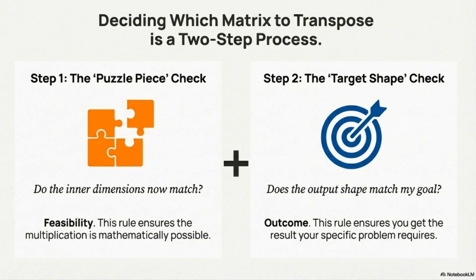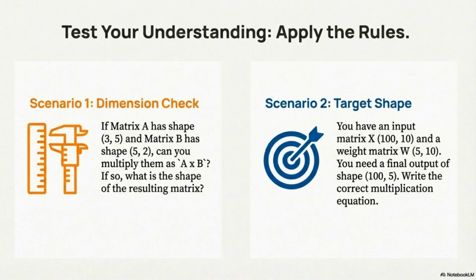If transposing matrix B would also fix it, we keep both options open. Step 2 is the target shape check. Now we think about what shape we want for the result. Different choices of which matrix to transpose give different outer dimensions. We pick the option that not only makes the multiplication possible, but also gives the output shape that matches our goal. Now it is your turn to apply these rules.